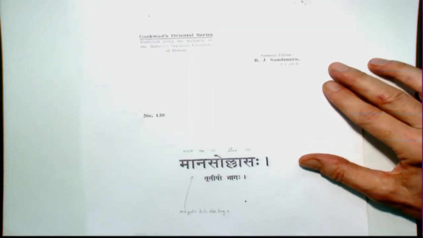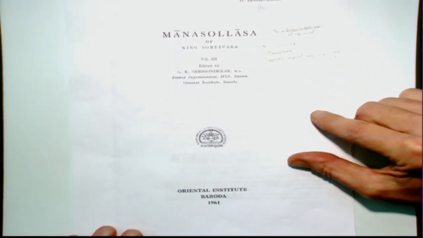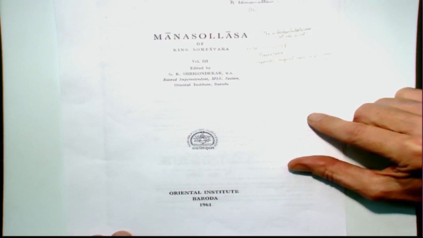Okay, now I've got one more chapter of the Sanskrit story to show you, and this one is actually digitized on the Internet Archive. It is the Manasolasa of King Someshvara, the refresher entertainer of the mind. King Someshvara ruled from 1127 to 1138 in Karnataka, and he probably wrote this early in his reign because later on he was involved with wars and stuff.